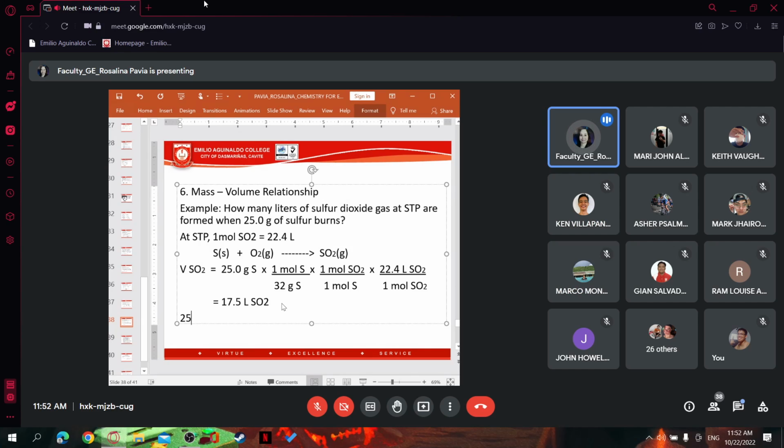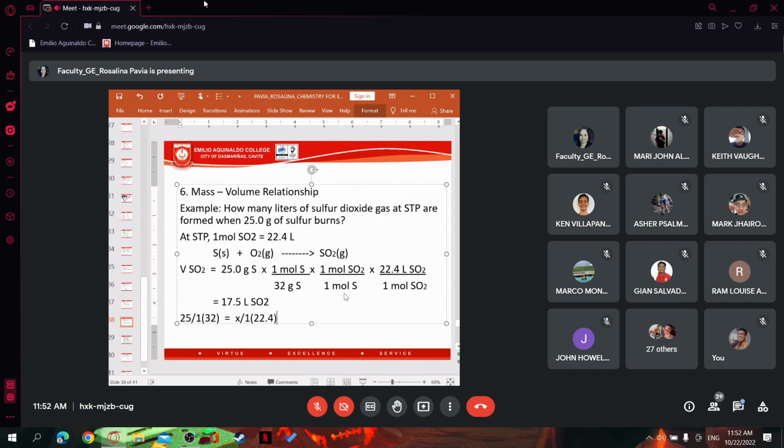25 grams sulfur over coefficient of sulfur, 1. Atomic mass of sulfur, 32. Is to X. Volume ng sulfur dioxide is to ilang sulfur dioxide? Isa. Times sulfur dioxide? 22.4 liters.